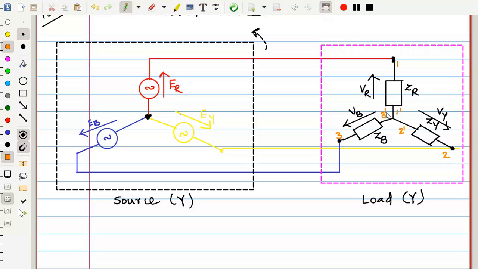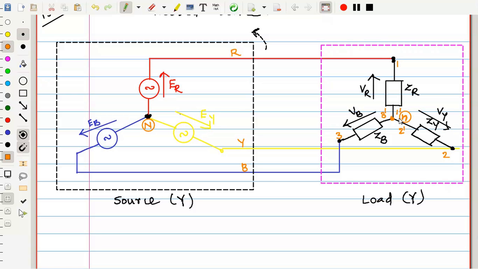And the starting terminals, those are 1, 2, 3, are connected to the source terminals, this is R, this is Y, this is B. So we connected to the generator's three terminals R, Y, B. And one more thing I want to point out: there is a common terminal which we generally call neutral for the source, and there is also a common terminal for the load which we also call neutral, but let me represent this as small n.